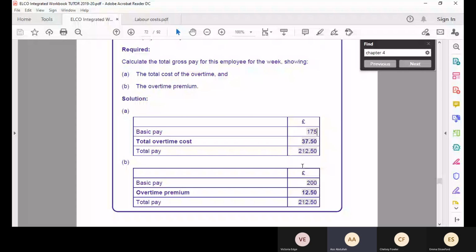So the basic pay is 40 hours times £5 equals £200, then the overtime is 5 hours times £2.50 equals £12.50. The result is the same, but in the exam the question is probably relating to option 2.